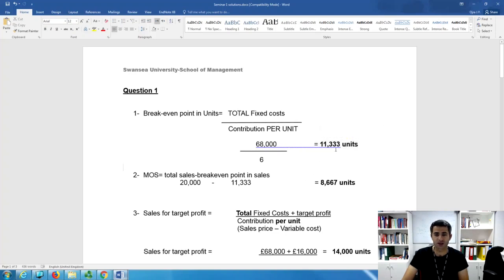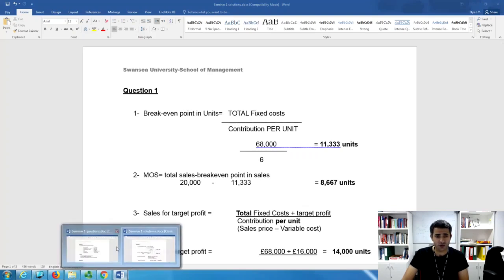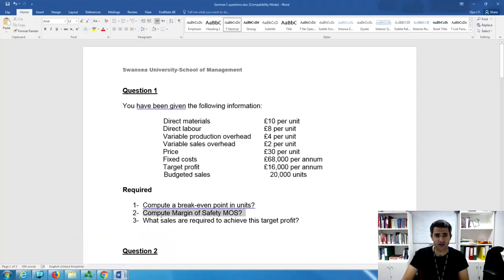And remember, what does that mean? This means that the company needs to sell 11,333 units in order to break even. This means no loss, no profit. In terms of margin of safety, the formula is the difference between the budgeted sales and the break-even point in units. 20,000 units, that's the budgeted sales.